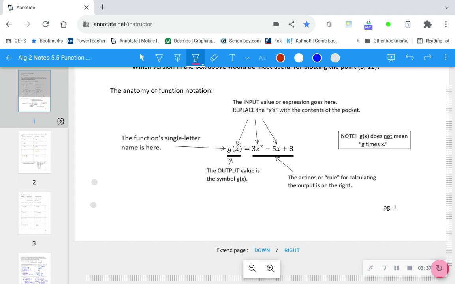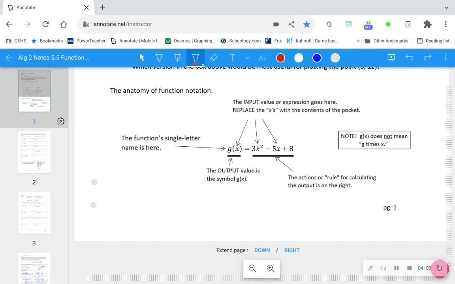Actually, let's look at the actions or rules. On the right-hand side over here is a bunch of stuff you do to the x. In this case, you square it, you multiply by 3, you subtract 5 times that number, and then add 8. So there's all these things you do to the x in order to compute the y, and you'll see those actions on the right. And it usually is on the right. They don't usually turn these around backwards.